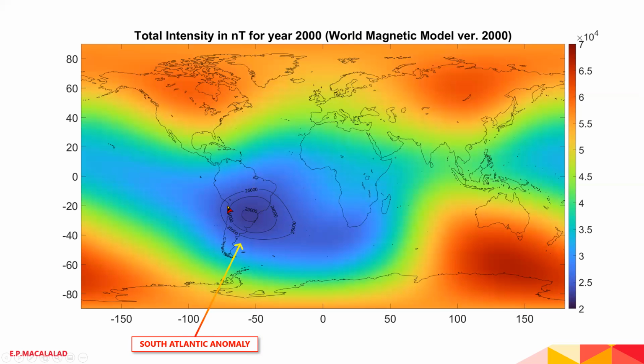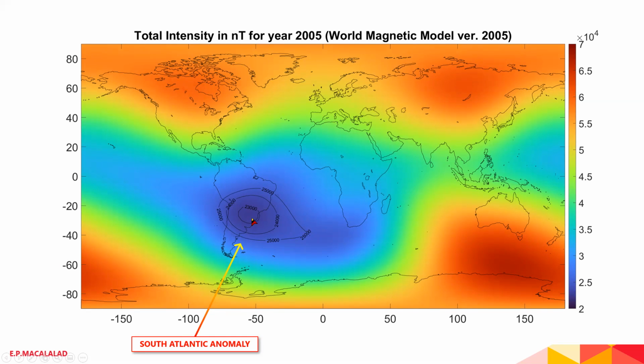Now, if we move 5 years later, in 2015, the magnetic field model, this World Magnetic Model, has been updated. So 5 years later, the magnetic field has changed like this. You notice the gradual difference between the 2000 model and the 2005 model.